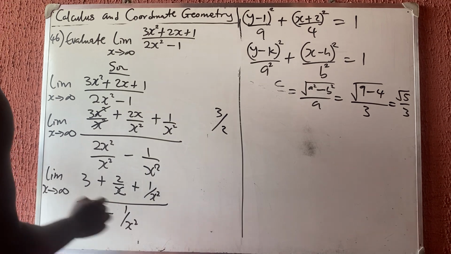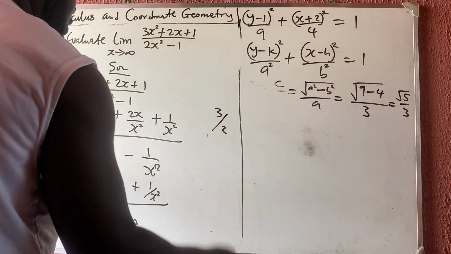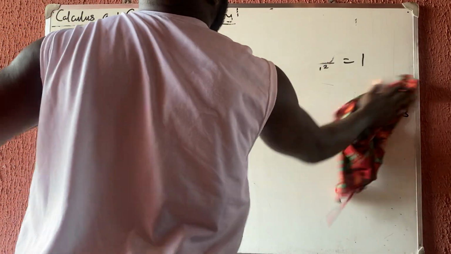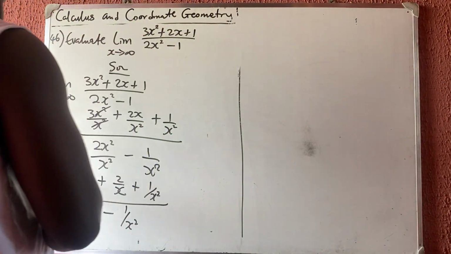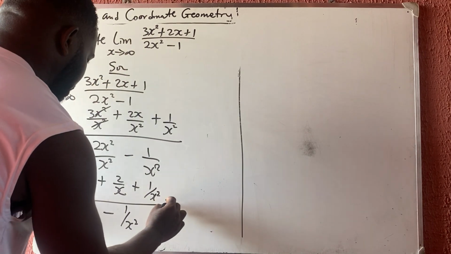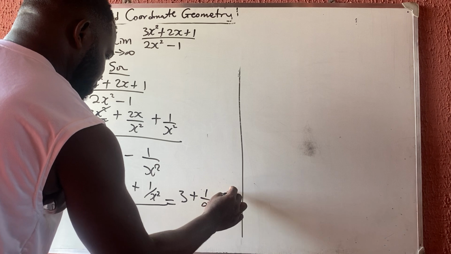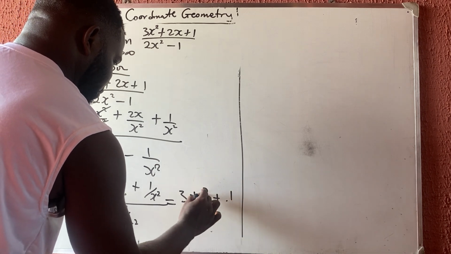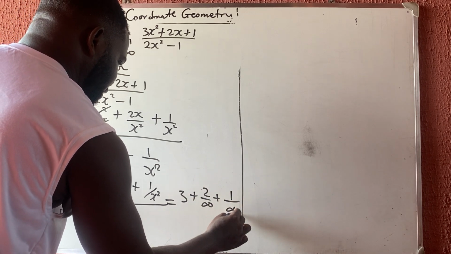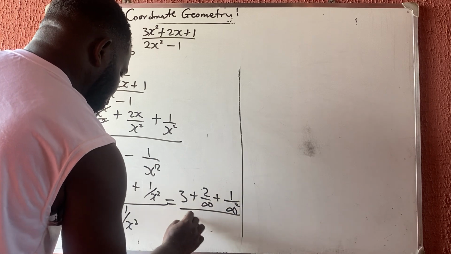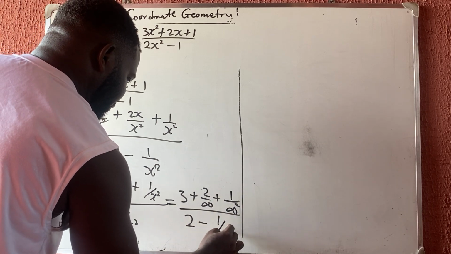Now after dividing, the next thing you do is just substitute infinity. So if I substitute infinity, I have 3 plus 2 over infinity plus 1 over infinity squared, all over 2 minus 1 over infinity squared.